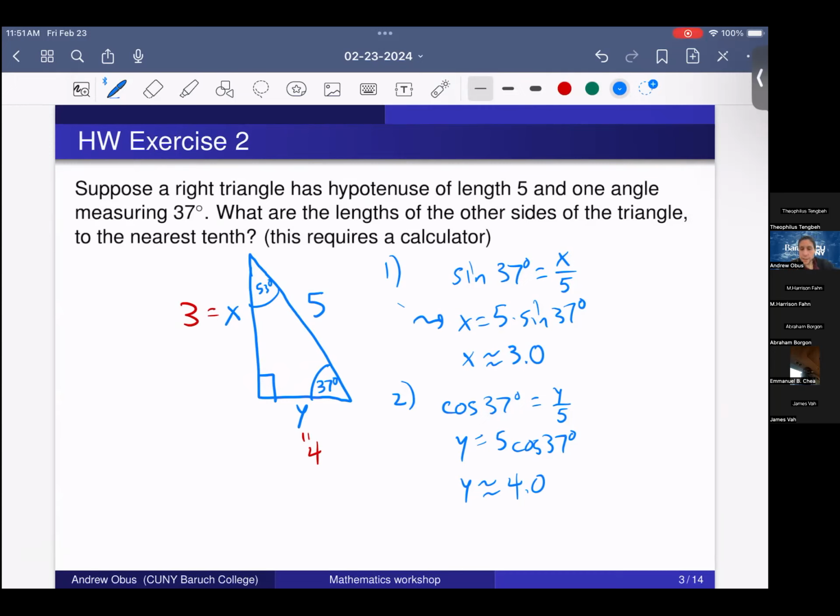We'll get to the hard question next, but before that, any questions on this problem? Okay. No questions?